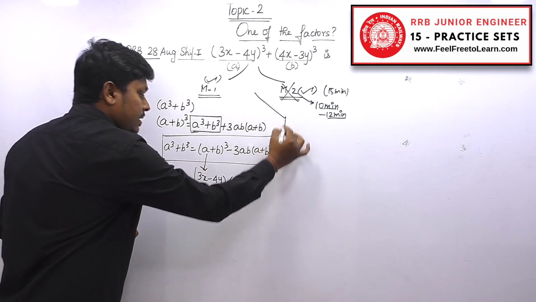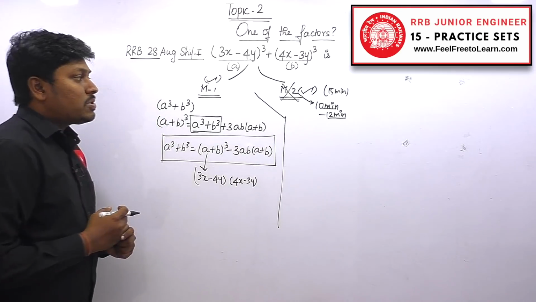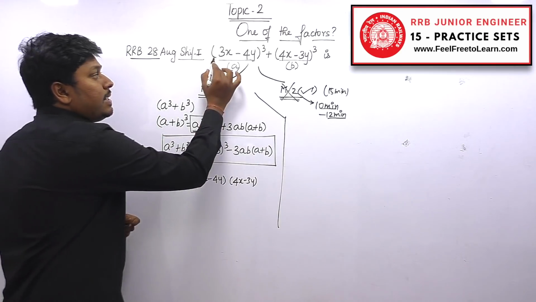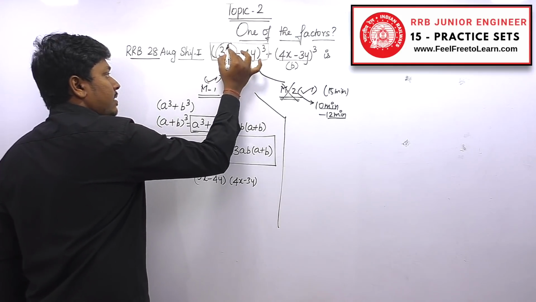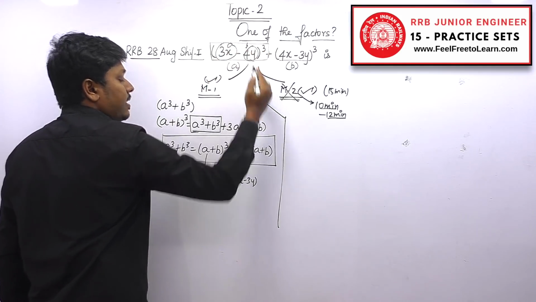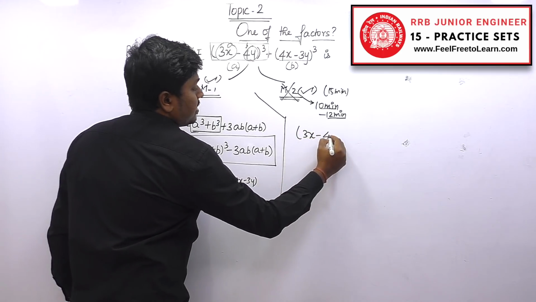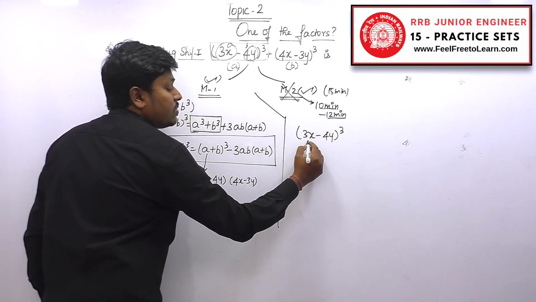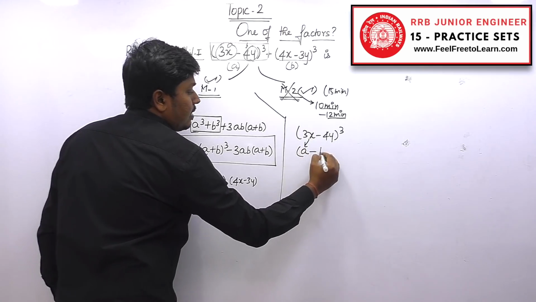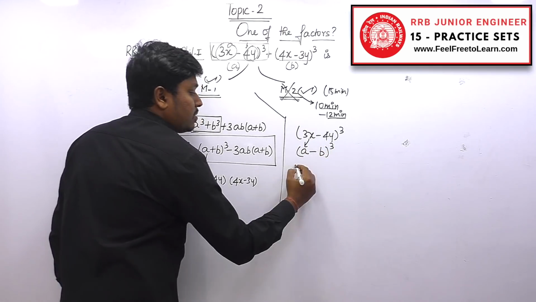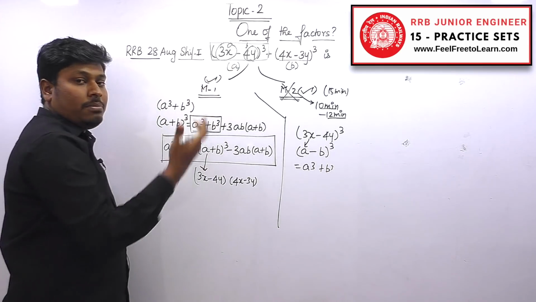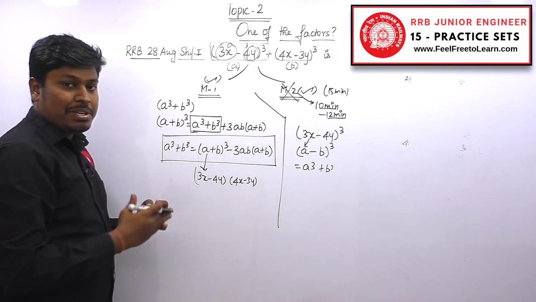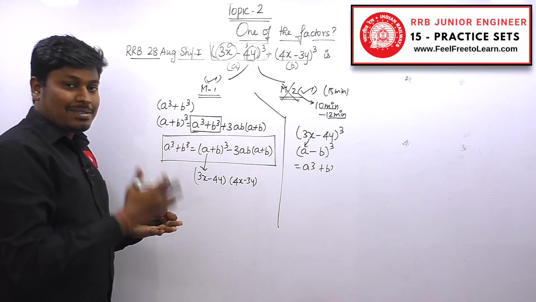But method number 2, which most of the books follow, is this: they take the first term alone and consider 3x as a and 4y as b. Usually the first term is (3x minus 4y) the whole cube, right? What they used to do is take this as a and this as b, and follow the formula a cube minus b cube minus 3a square b plus 3ab square.